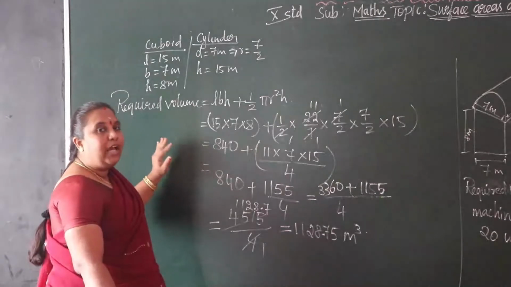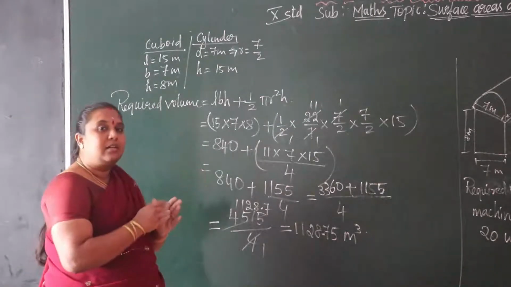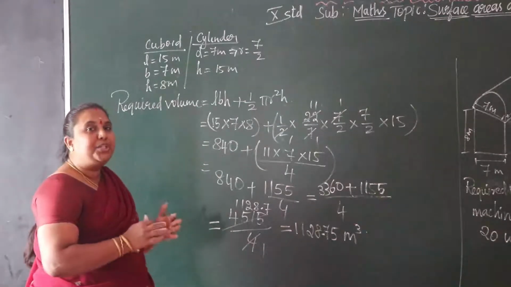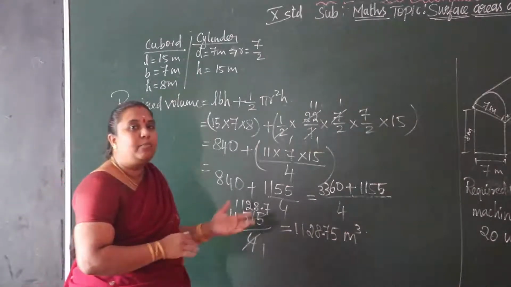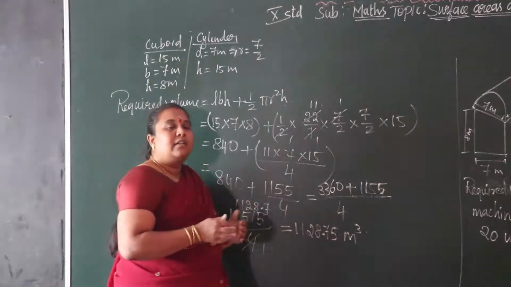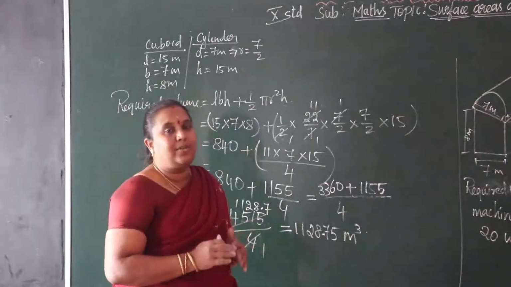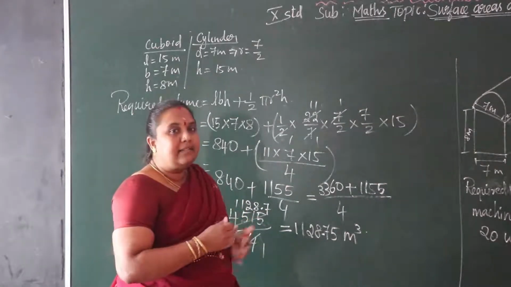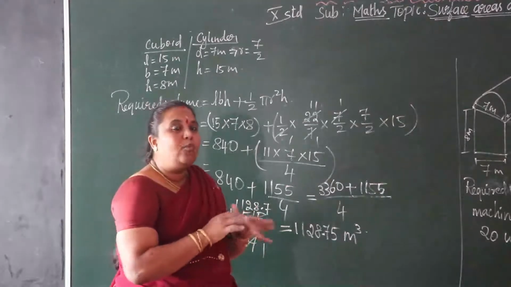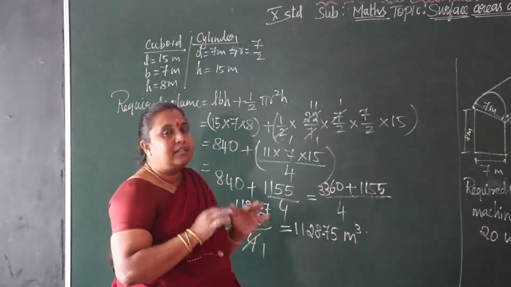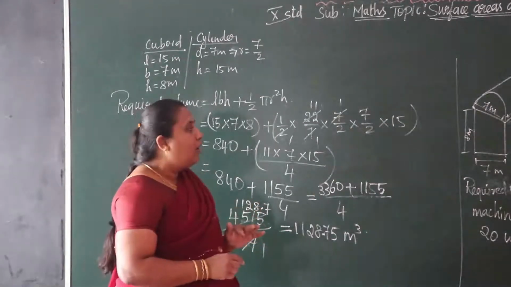And then we want the balanced air. Machinery occupies 300 meter cube space, and then 20 workers also occupy some space. So how much air is inside that shed? That we want to find out.